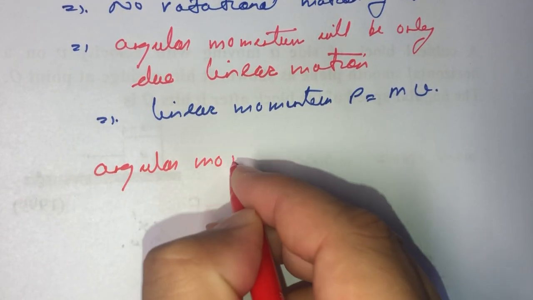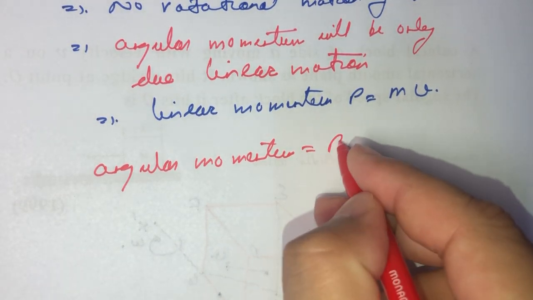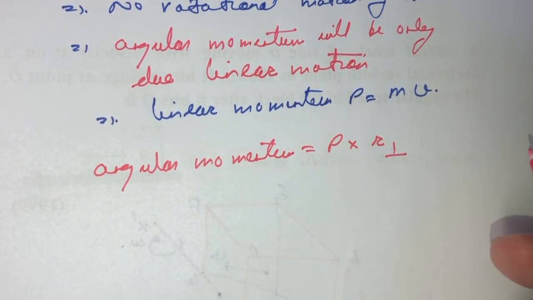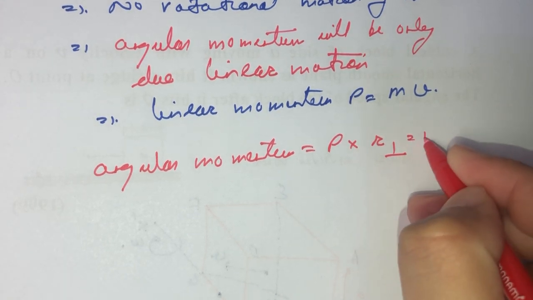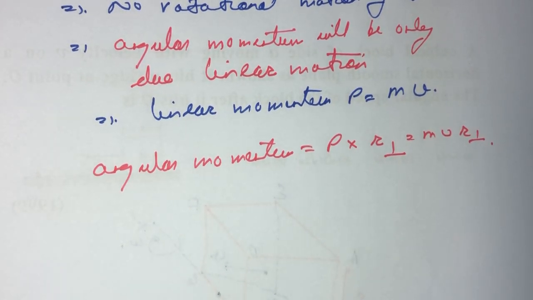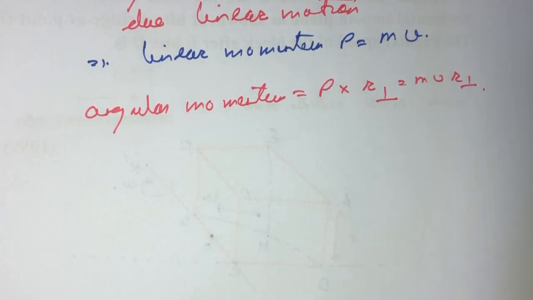Angular momentum will be equal to P multiplied by the perpendicular distance, that is r perpendicular. So this will be mv multiplied by r perpendicular, and r perpendicular will be nothing but the distance of the center of mass from one of the edges. Okay, so let me draw it here.